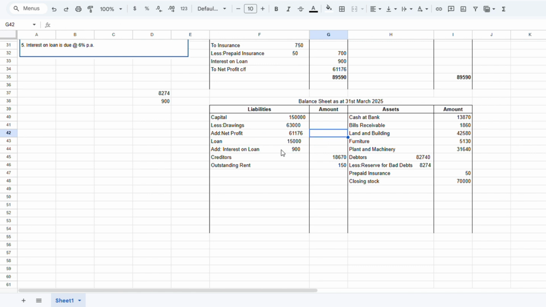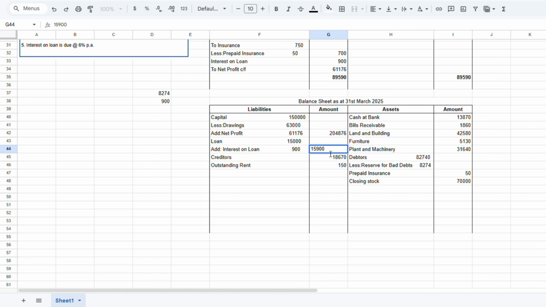So 1,50,000 less drawings 63,000, add 61,176, that is net profit. So it is 2,04,876. And loan is 15,000, add interest, so it is 15,900.